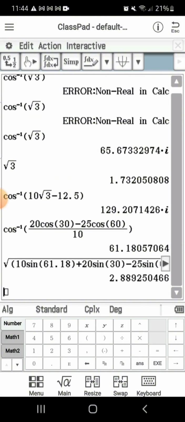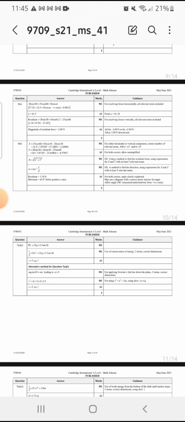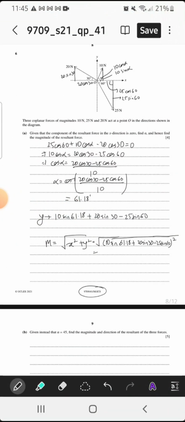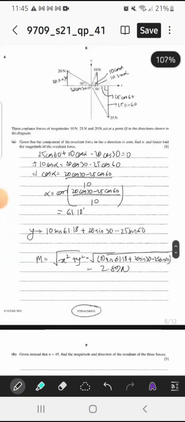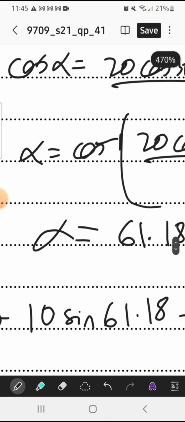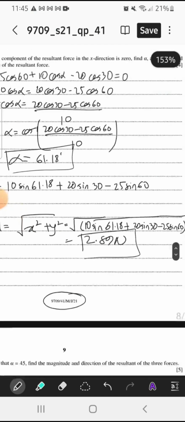We get something like 2.9. What's your answer? 2.89. That's correct. So 2.89 newtons. So our alpha is going to be this one and our magnitude is going to be this one.